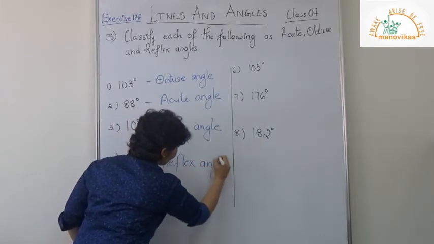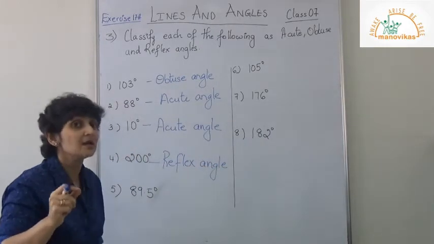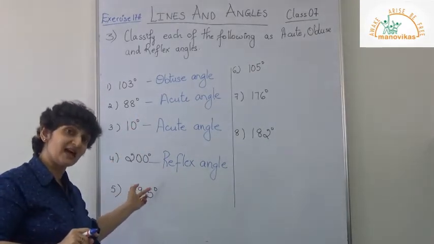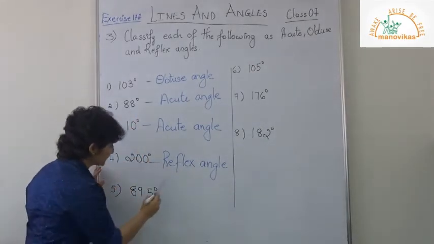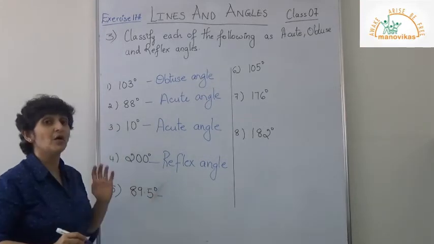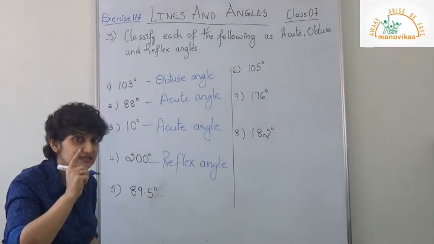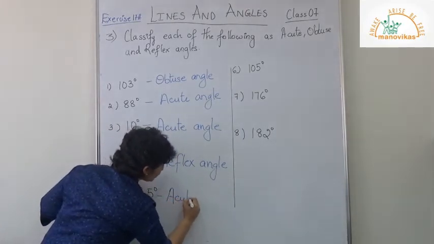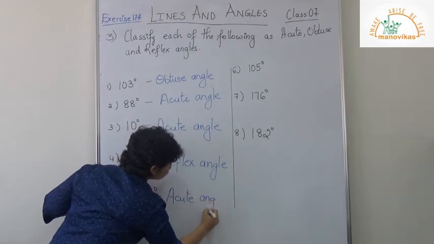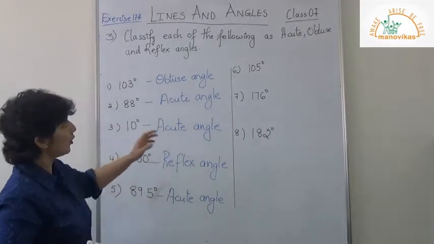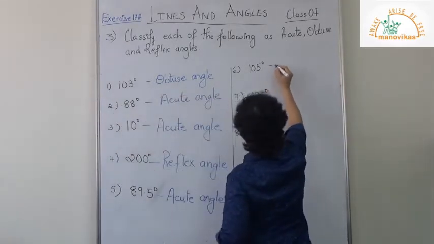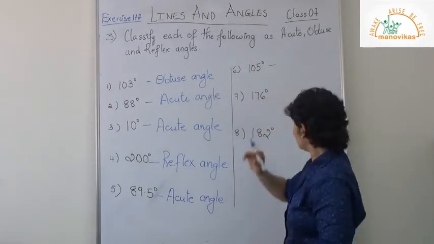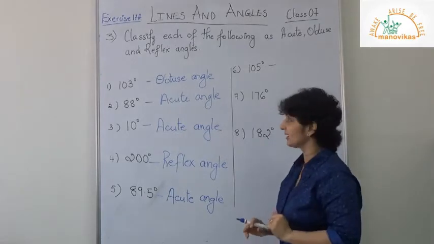And can you tell me why? Because it is more than 180 degrees and less than 360 degrees. 89.5 less than 90. So this is an acute angle. Correct, children? Have you followed? So what do you think 105 will be? 105 is an obtuse angle. I am not going to write. Now you are going to write this and show it to me.